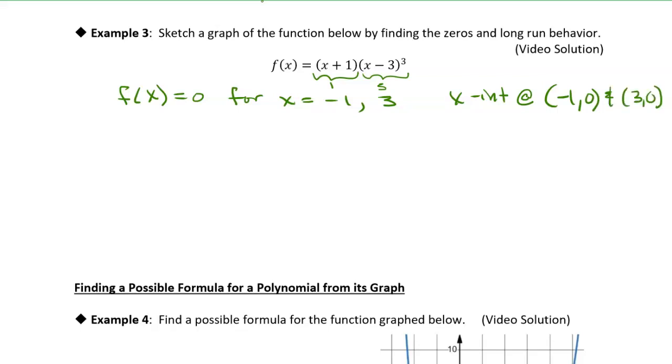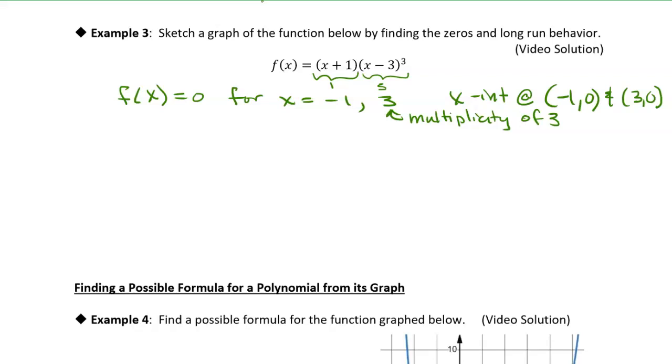Those are our x-intercepts. But this one has a multiplicity of 3, right? Because we have three factors of x minus 3. So we say that zero has a multiplicity of 3.